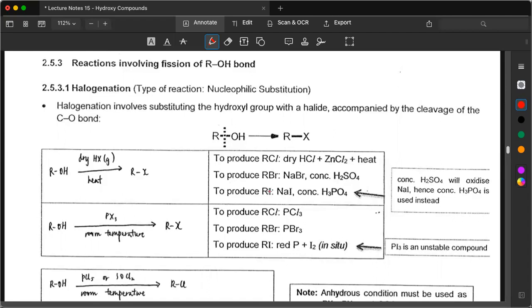But in producing RI, meaning a halide salt with iodine, we will use concentrated phosphoric acid because sulfuric acid is not used, as it will actually oxidize NaI. H2SO4 can be used for NaBr because NaBr is not easily oxidized in this case.